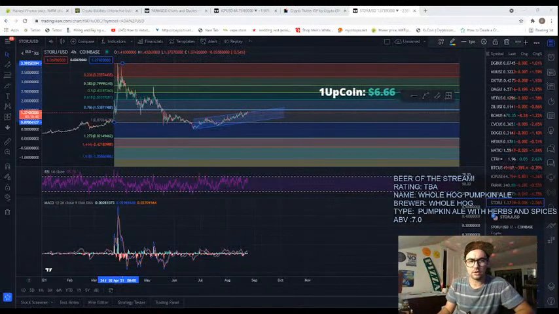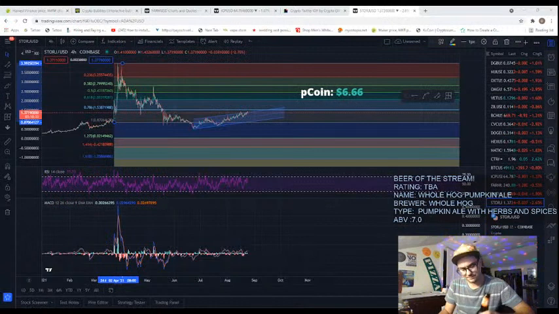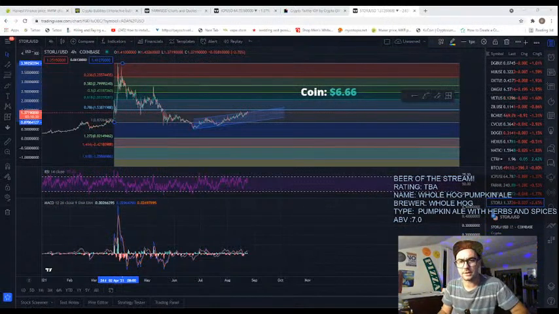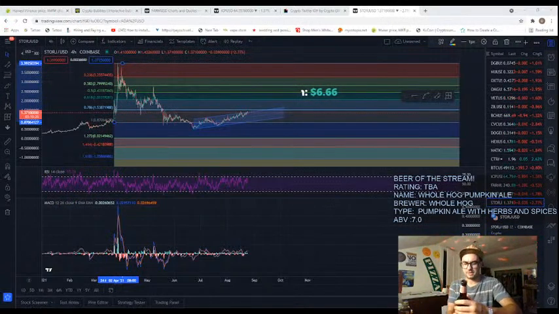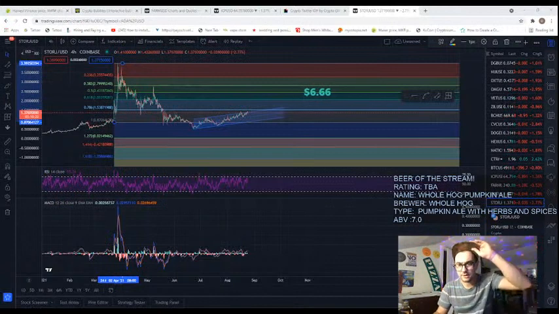I'm a big fan of beer, and we try to do beer reviews here. So that's what I talk about a little bit. I like beer, and this Whole Hog's pretty damn good. Thank you, Whole Hog Brewers, for your Whole Hog pumpkin ale. It is freaking delicious.